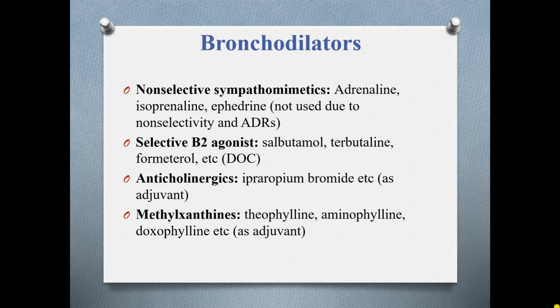One is non-selective sympathomimetics like adrenaline, which are not used nowadays because of their non-specific action and adverse drug reactions. Selective beta 2 agonists are the drug of choice, like salbutamol. Anticholinergic ipratropium bromide can be used as an adjuvant only, and methylxanthines can be used as adjuvants only.